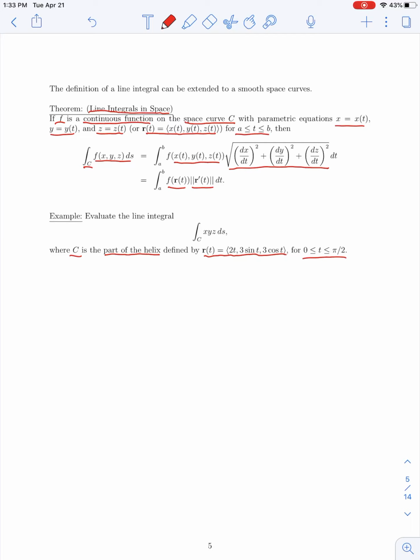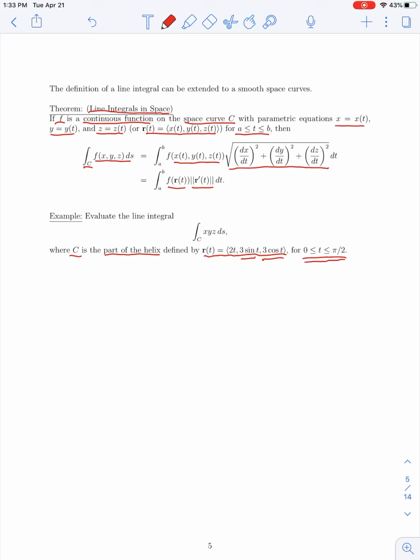So here we have some helix which is spiraling outward along the x-axis. Its radius would be 3, since we have 3 cosine t and 3 sine t, so it lies along a cylinder of radius 3 centered along the x-axis. And we're looking at the part of that helix defined on the time interval from 0 to pi over 2.